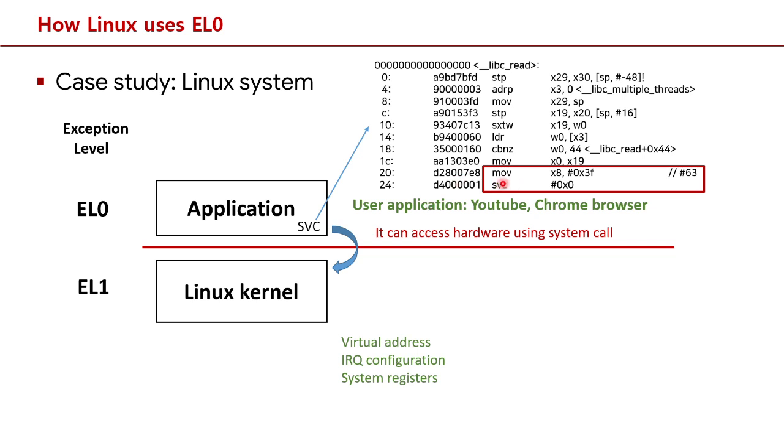Please look at this. In this line, the move assembly instruction is performed. This value will be copied onto the X8 register. The X8 register holds the system call number. This hexadecimal data can be converted into decimal format.